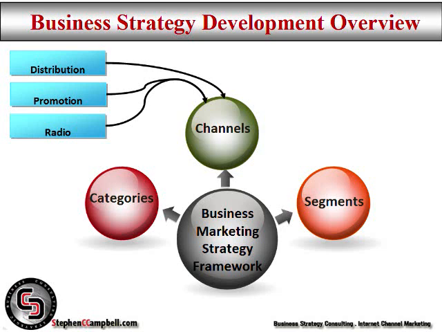So: categories, channels, and segments. This is my thought process whenever I develop a marketing strategy framework. And of course, you well know I'm really big on pushing forward on the internet. The internet is a marketing channel, and we'll speak more about that in future lessons.